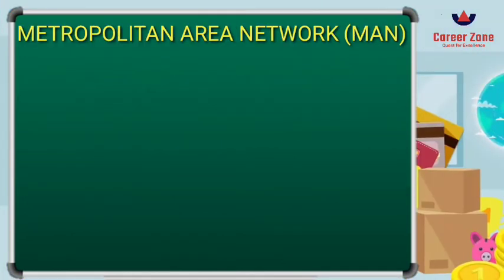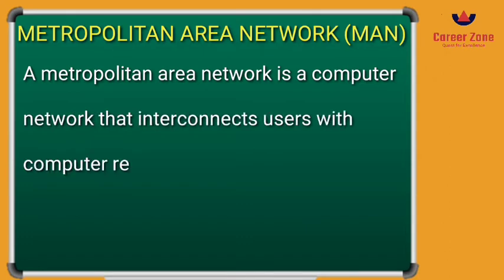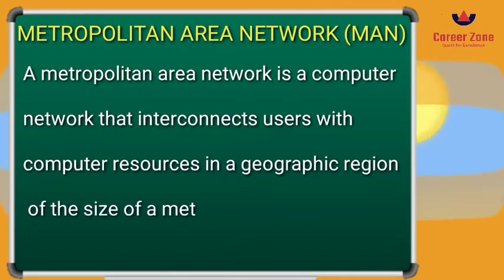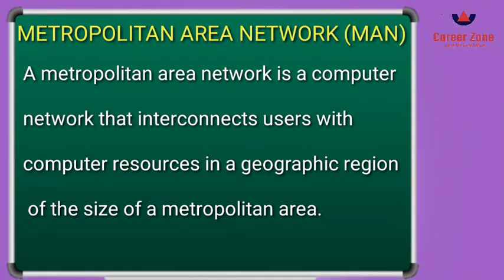And the third type of network is metropolitan area network, wherein the network connects the user with different resources in different geographical locations within the metropolitan area. You can say that a network which is connected over a city is called a metropolitan area network.